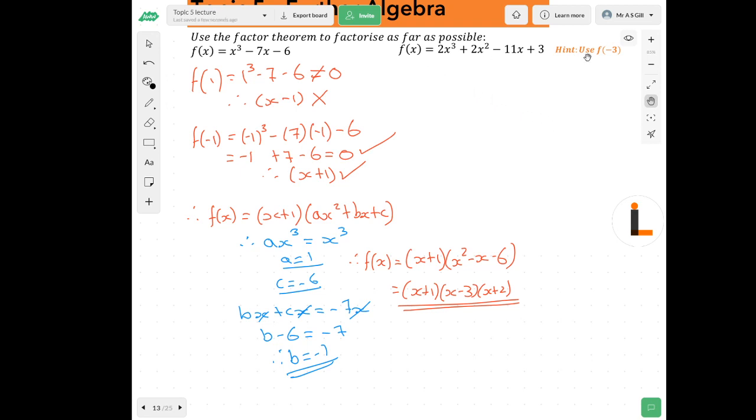So we've got another question up here. I've given you a hint because I didn't want you spending ages trying numbers. So start off with f of minus 3 here, and then use that to go ahead and factorize this.